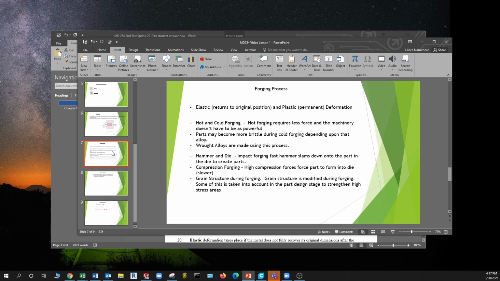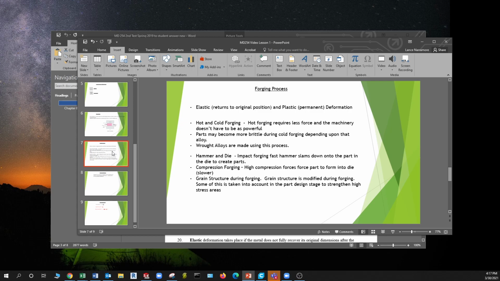Whereas if it's been hot forged, the grain structure and all the way down to the atomic structure, all of the slip deformation defects in the crystalline structure aren't filled up yet. They've all been formed that way because they were formed at a higher temperature, so they weren't actually slip deformed against each other.